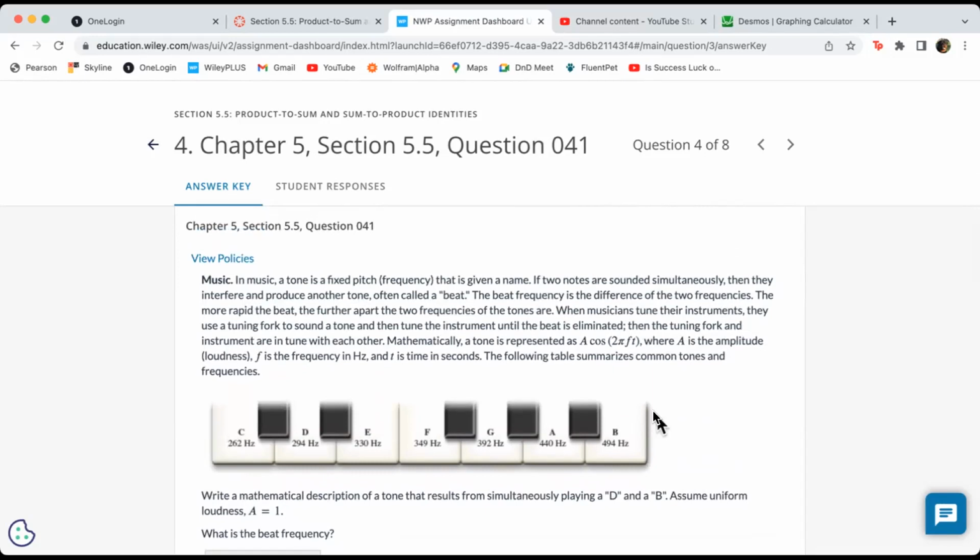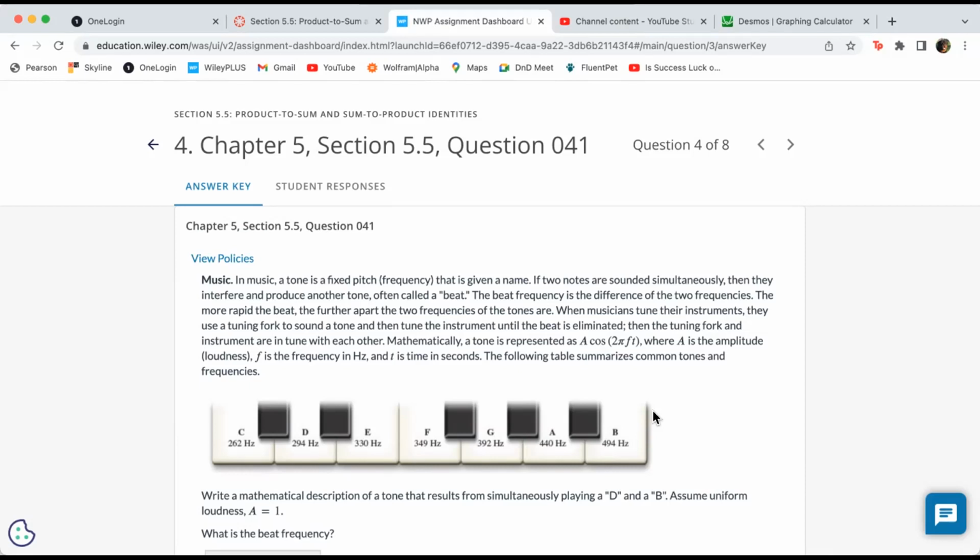So the tone is represented with a sine wave or a cosine wave. In this case, A cosine of 2 pi times f times t, where A is the amplitude, f is the frequency, and t is the time in seconds. So we can model the note with a sinusoidal function. The amplitude increases the loudness of the note, and the frequency increases the pitch of the note.